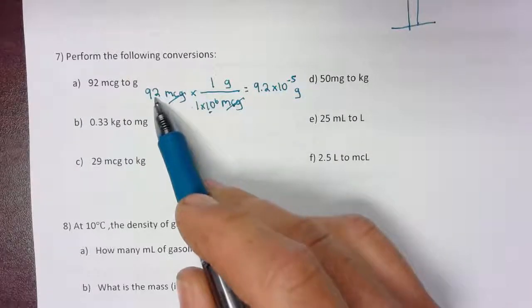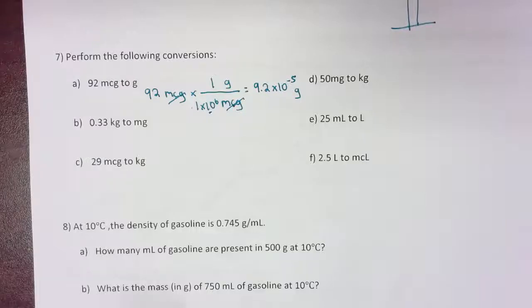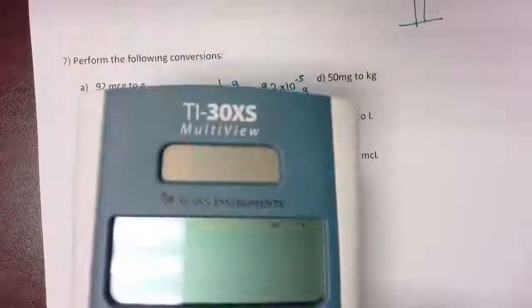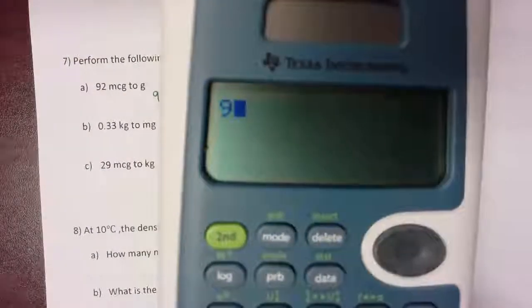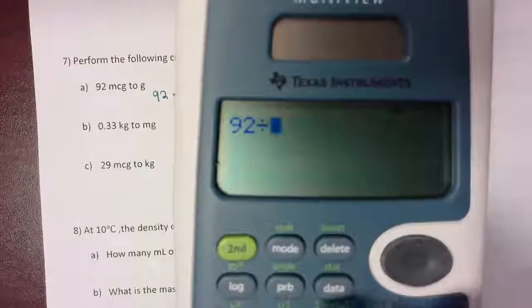When I do this 92 divided by 1 times 10 to the 6th, I get 9.2 times 10 to the negative 5th. Let me show you a pitfall here. If you have this calculator, the TI-30XS, you do not want to use this button here.